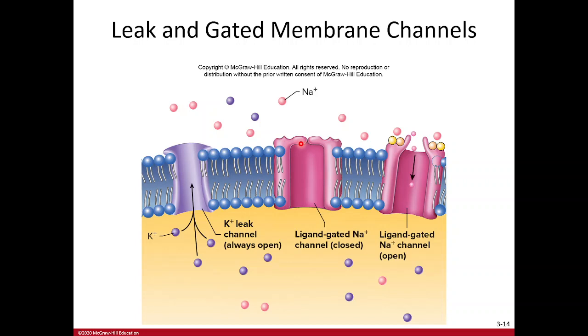When you have a molecule, for instance acetylcholine, binding to this area of the gate, the gap between the gate, which was non-existent when it was closed, opens, and then you can allow the entry of these sodium molecules.